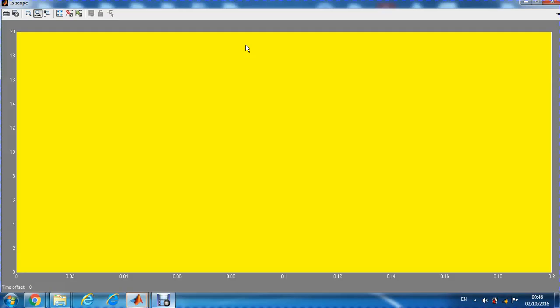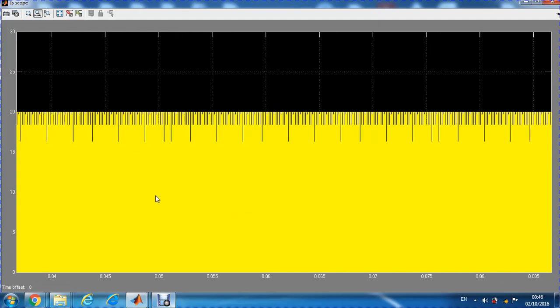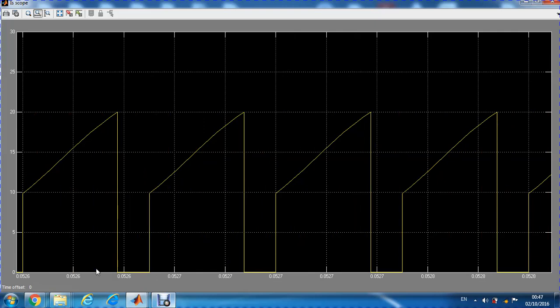Let's have a look at the supply current. How does it look? Oh yes. Now, why is that? Why is it going like that? If we look at this part, this is the interval when the switch is off.